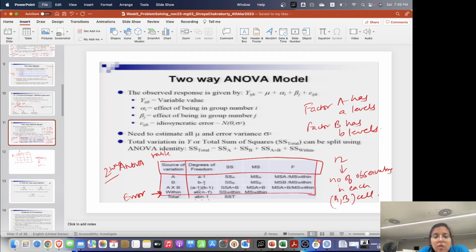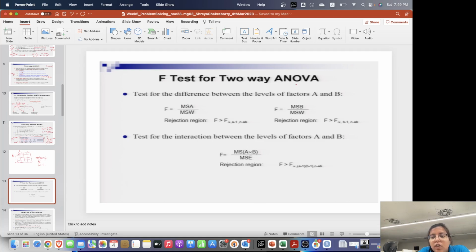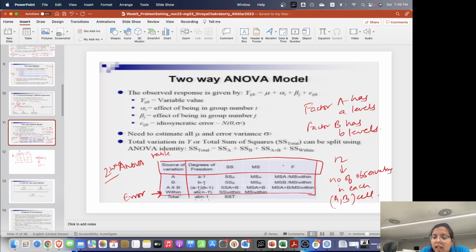Alright, so how are we going to test for the two-way ANOVA? Similarly as we did for one-way ANOVA, we will construct a two-way ANOVA table. We will consider MSA by MS within and MSB by MS within as the test for main effects, and for the interaction term, MSE by MS within, we are going to use for our interaction analysis.